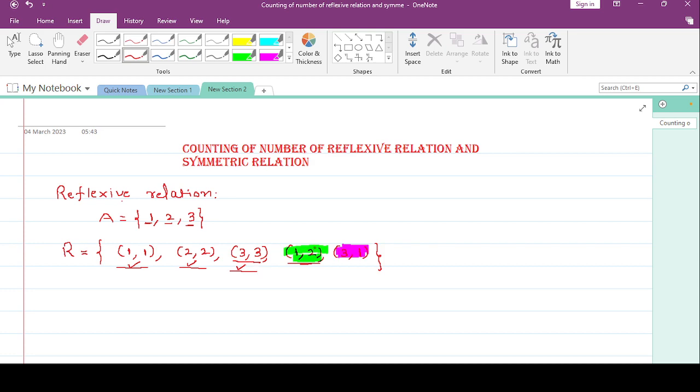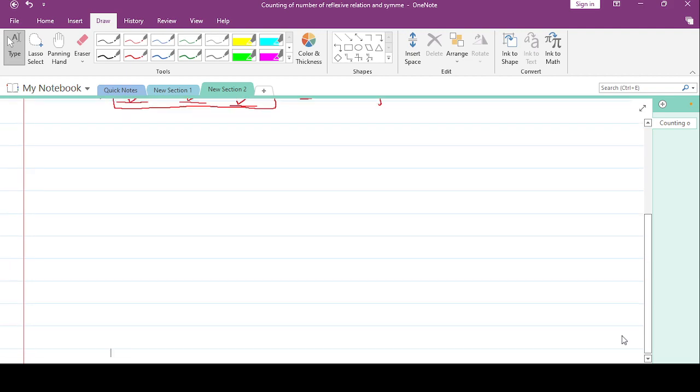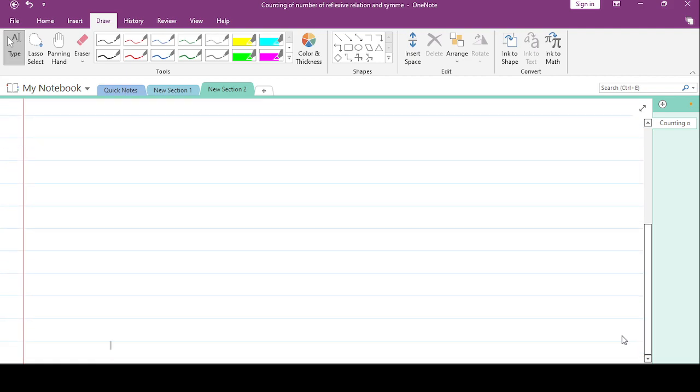Whether the rest of the elements come or not doesn't matter, but this is the minimum requirement for any relation to be a reflexive relation. Keep this in your mind. Now we solve the question of how many reflexive relations there are on a set having n elements.